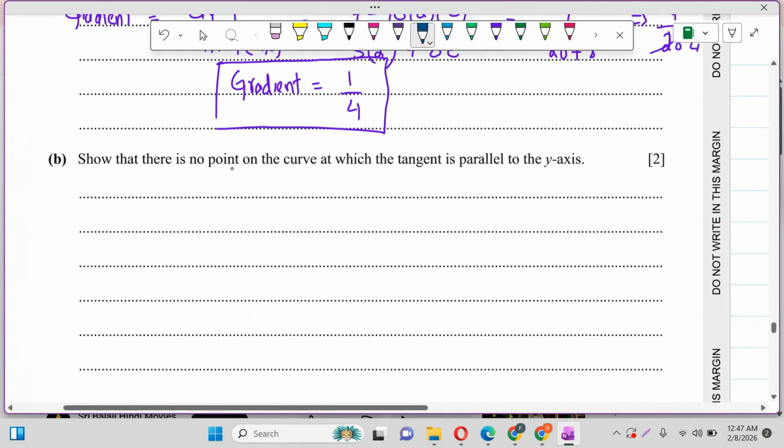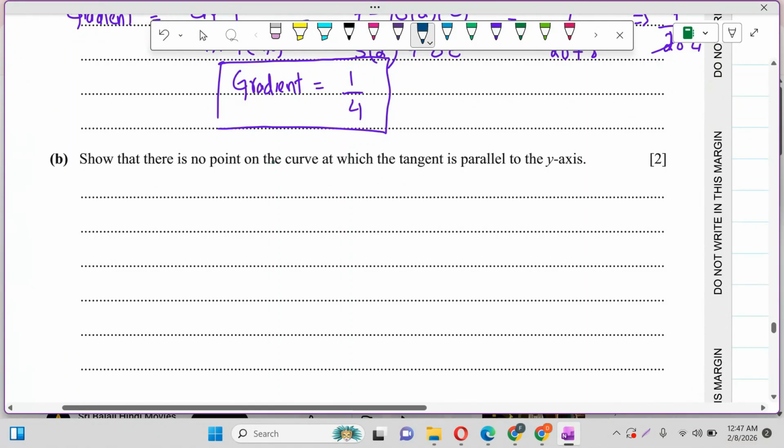So the question says that on the curve we will not find any point at which the tangent is parallel to the y-axis. So we can say that dy over dx, the slope of the curve, at no point will be equal to infinity or 1 over 0.